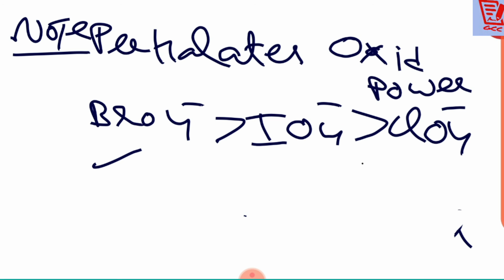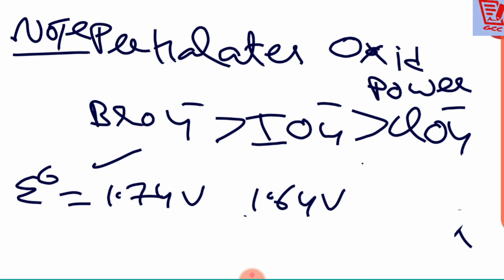Now you see, all of you, here I am writing the reduction potential value: BrO4 negative is 1.74 volt, IO4 negative is 1.64 volt and ClO4 negative is 1.23 volt.